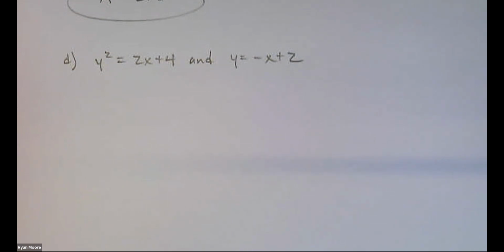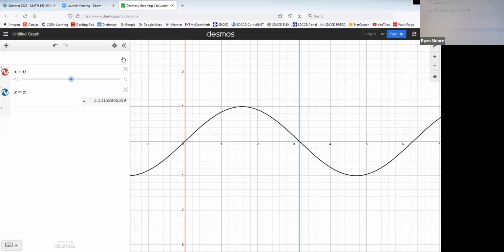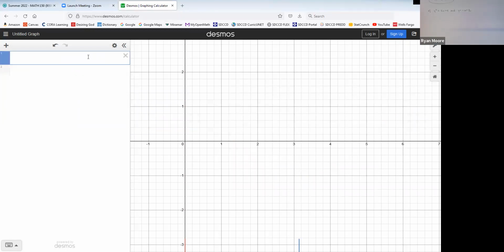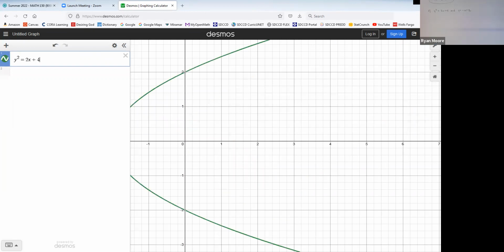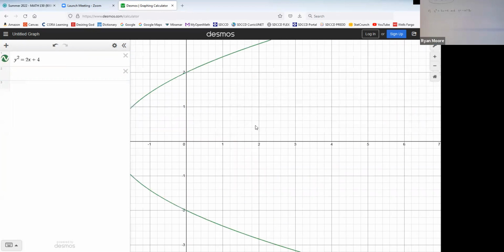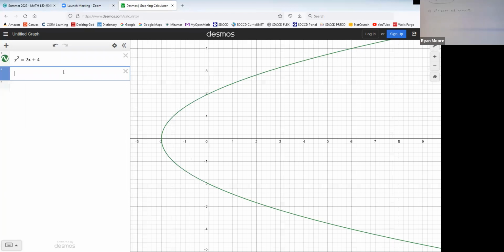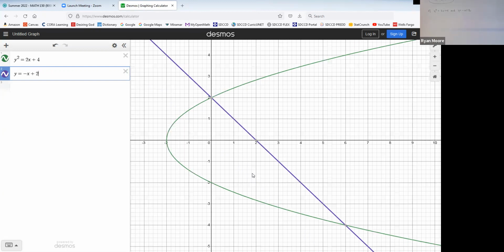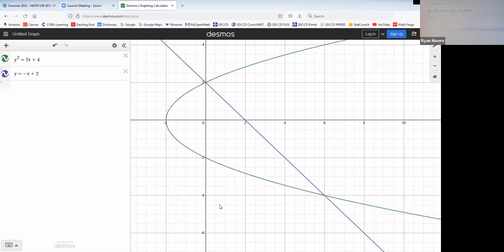Let's take a look at the graph. As we know, we can graph non-functions here in Desmos, no problem. Turns out that first one is a sideways parabola. And the second, y equals negative x plus 2, is this line that cuts down across the parabola.